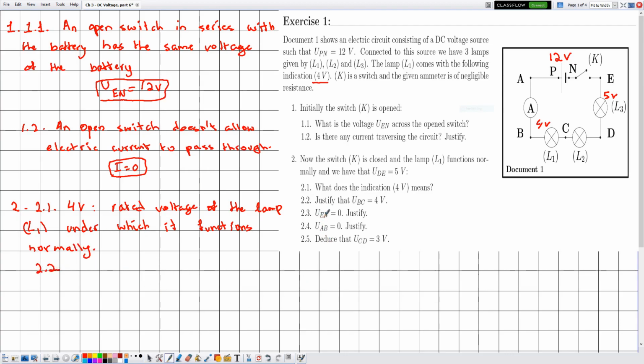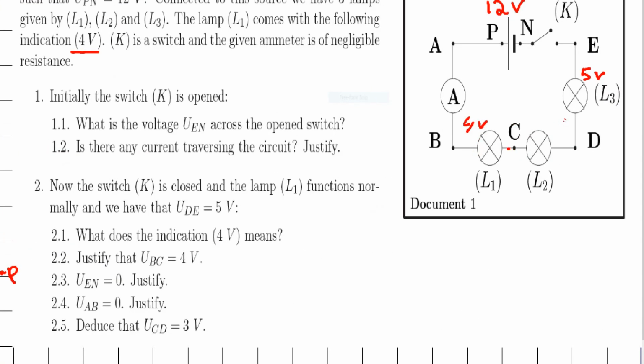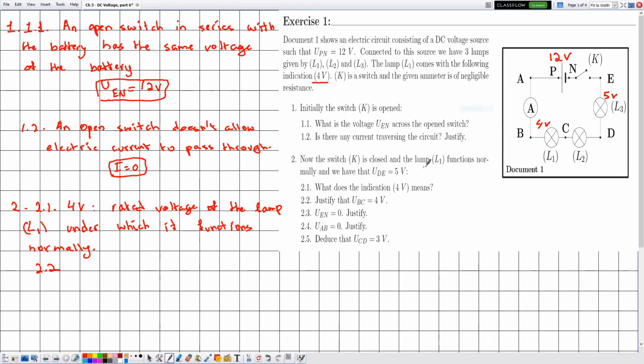Now in 2.2 they are telling me, justify that UBC is equal to 4 volts. Now the voltage UBC is the voltage across the lamp L1, and we already know that the lamp L1 is functioning normally. Therefore the applied voltage which is given by UBC will be equal to the rated voltage, which is given by 4 volts.